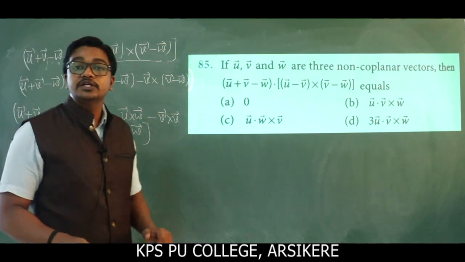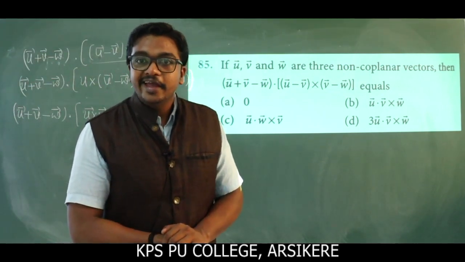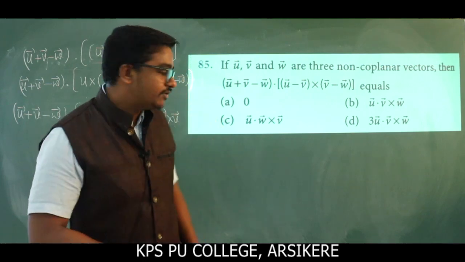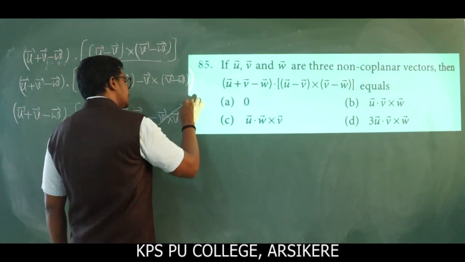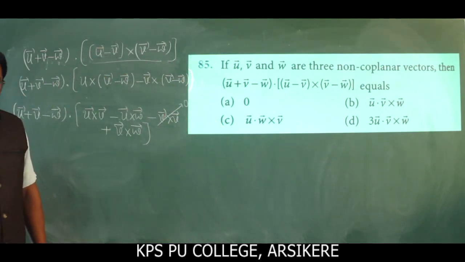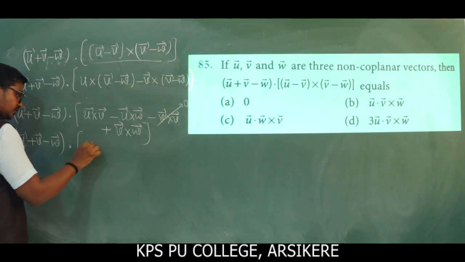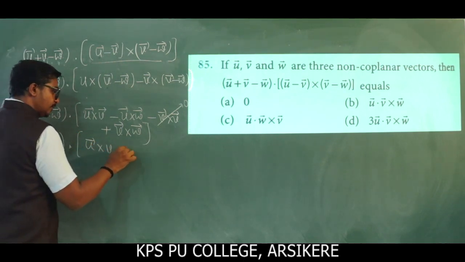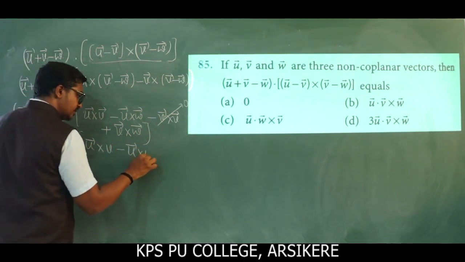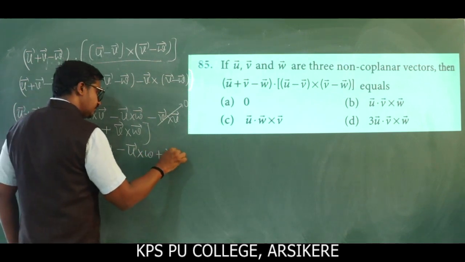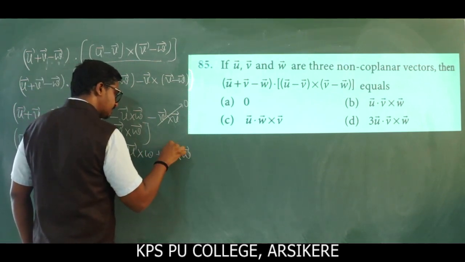Just remember the properties of vector product: A cross A is equal to 0, so v cross v becomes 0. For the remaining thing, we go with the dot product with the first vector: u plus v minus w dot u cross v minus u cross w plus v cross w.